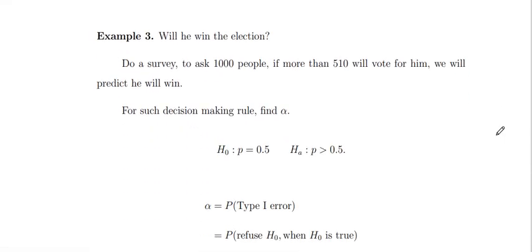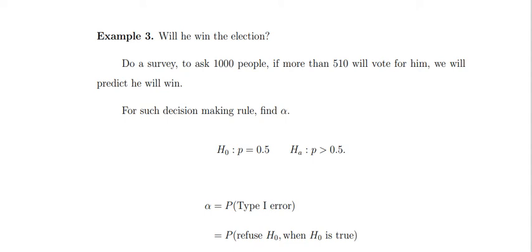Okay, so now let's check some other examples. Once we have a cut point, then we can have a decision making rule. We need to check whether the decision making rule is good or not so good, right?